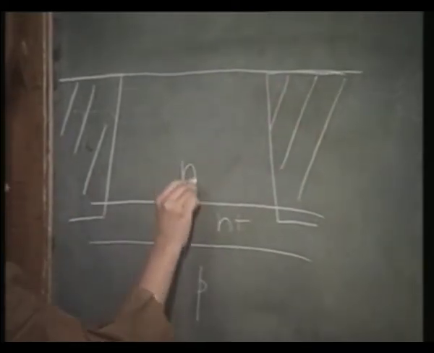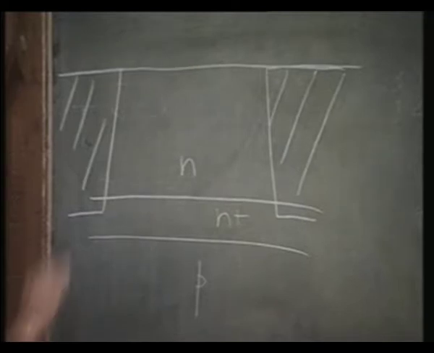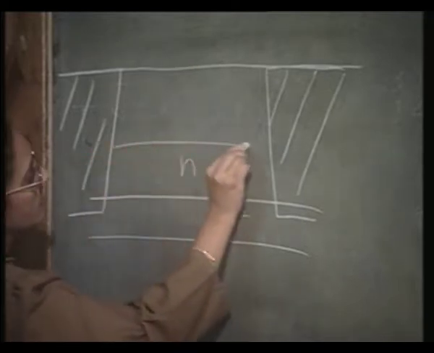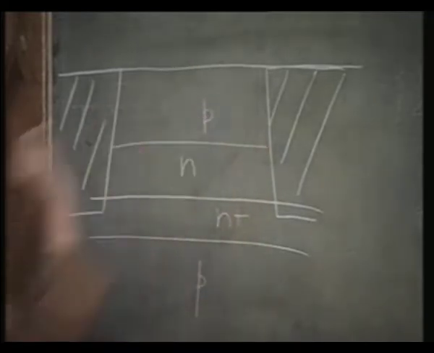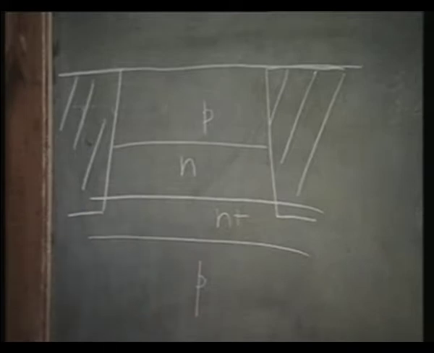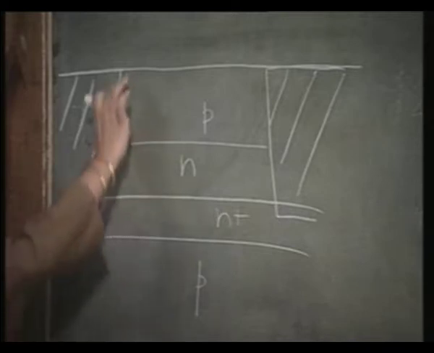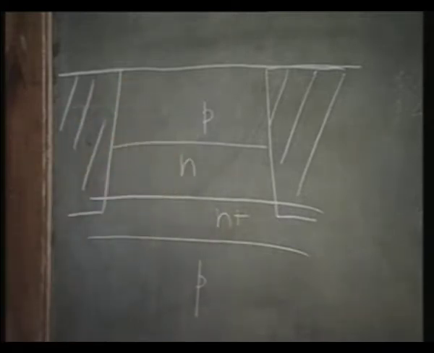So, this is actually my N region, and then I have the P region for the base. I had the N epitaxial region and then I have doped P.